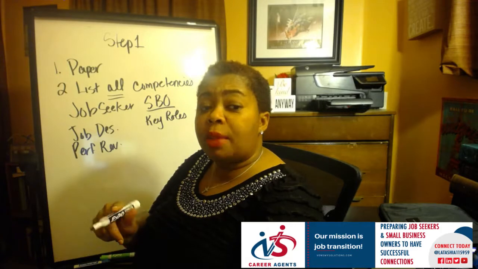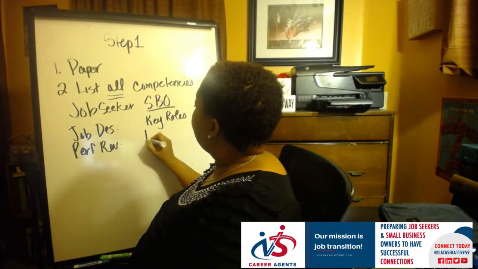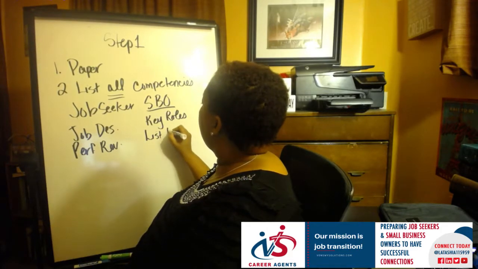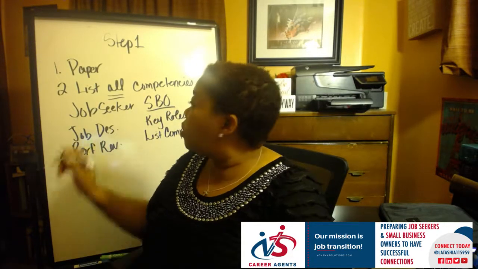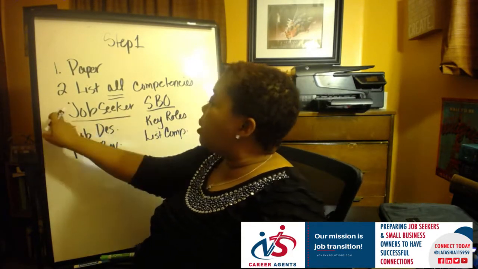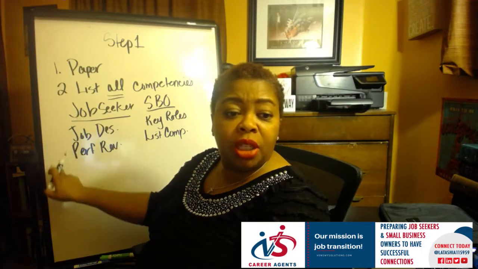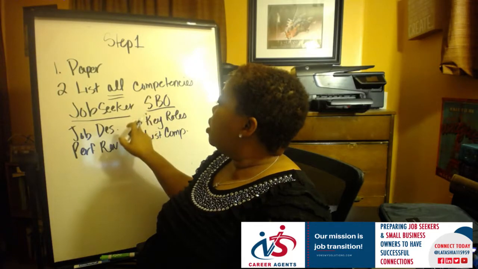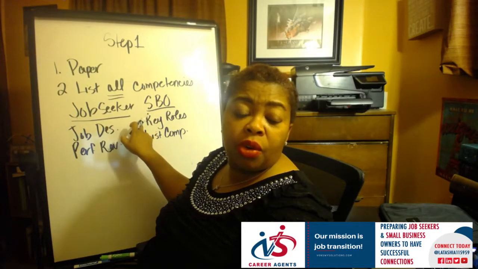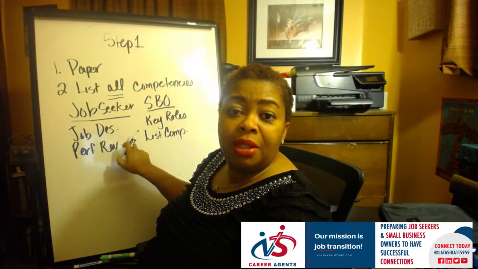If you don't, you're going to list the competencies that you think that person needs in order to be successful and impact your organization. So again, job seekers, start with your job description or your past performance review. Small business owners, look at the key roles in your organization and list those competencies. That's all I want us to do for step one in your career development plan.